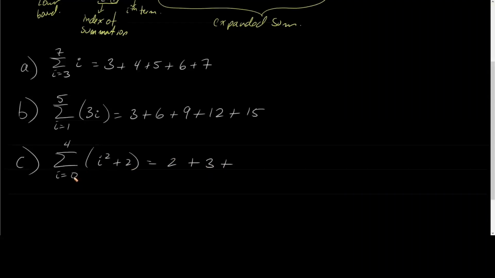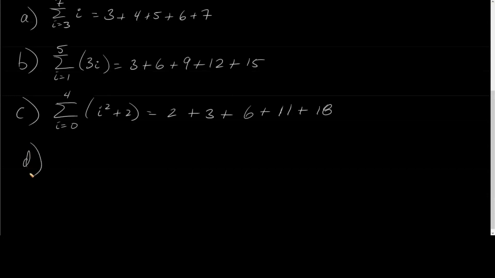Plug in 2: 2 squared is 4 plus 2 is 6. Plug in 3: 9 plus 2 is 11. Plug in 4: 16 plus 2 is 18. So there you go. That's i squared plus 2 being added over and over again from 0 to 4.